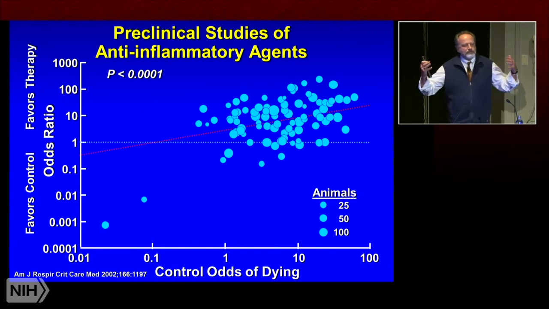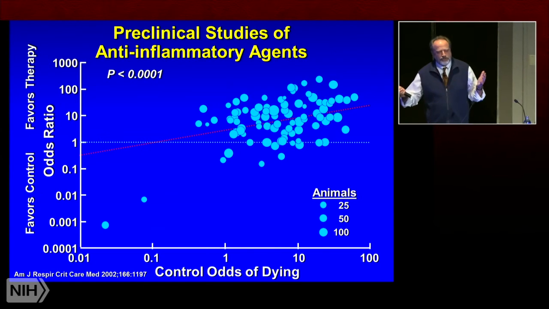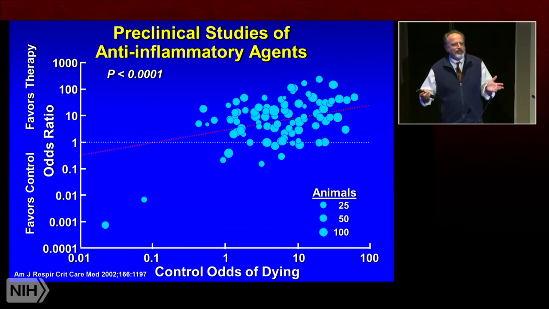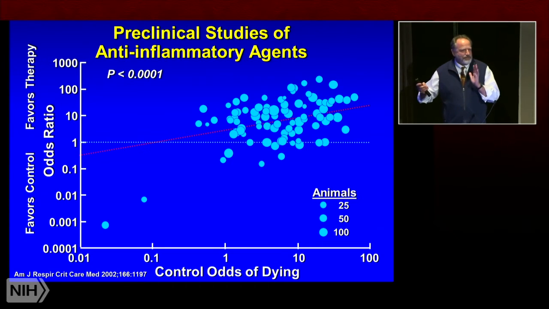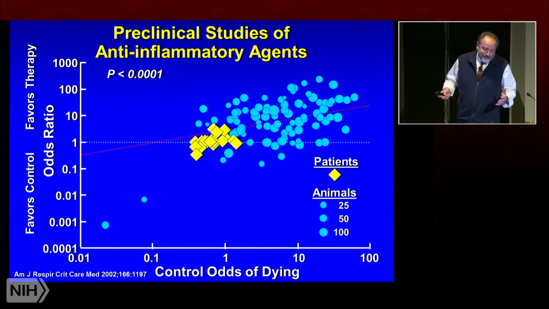So now, let's go back. We've done this meta-regression, and it sort of suggests control mortality rate is important. Let's plot the human data on this graph. Where would it fit? It was done at about a 30 to 40% mortality. Well, it fits pretty good, exactly where you'd expect it. The treatment effect at this much lower control mortality was much lower, as the animal data would suggest it.